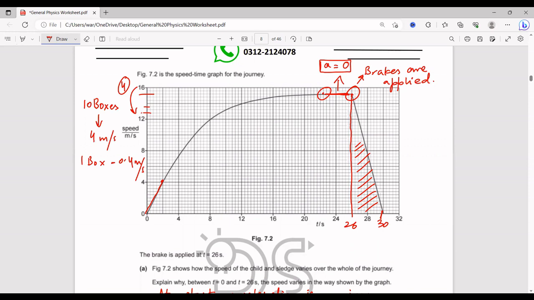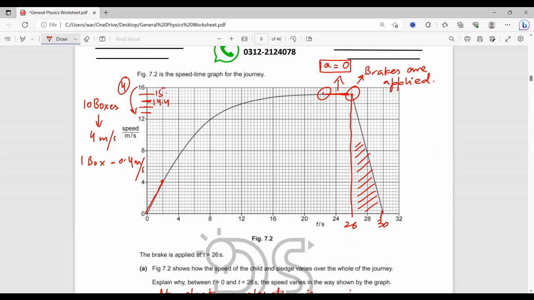So this is 12.8, and 12.8 plus 0.8 is 13.6, then 0.8 more, it will be 14.4, and then 0.8, 15.2.